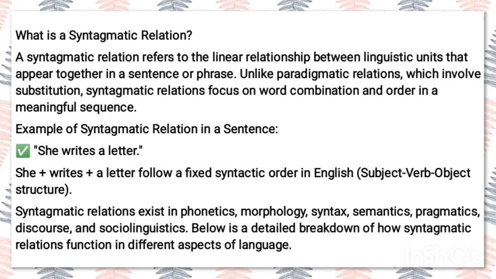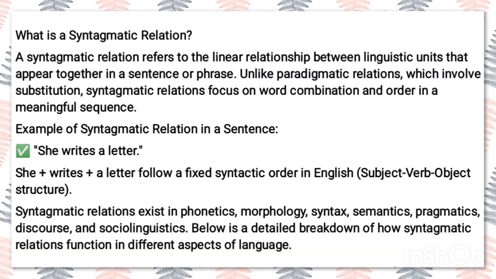The words she plus writes plus a letter follow a fixed syntactic order in English: subject, verb, object structure. This sequence is important because the meaning relies on the words appearing in this exact order. If we change the order, the meaning can change or become unclear.